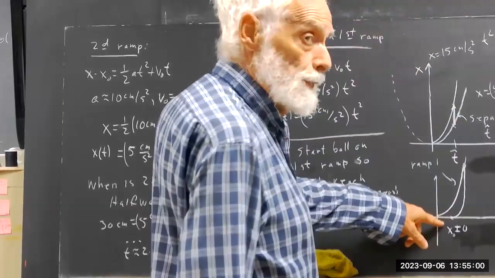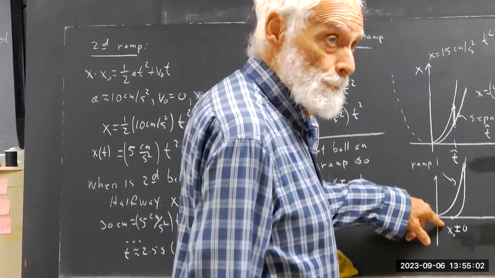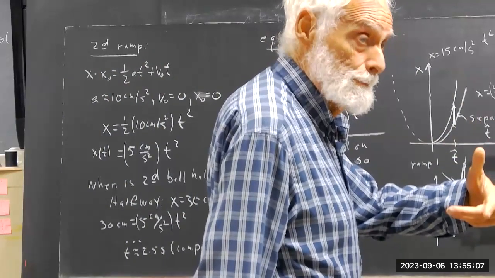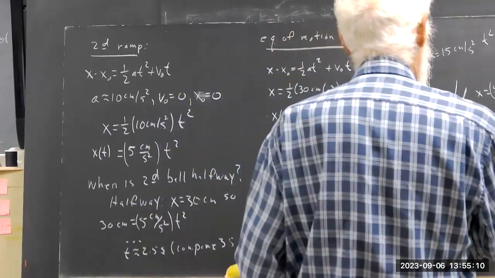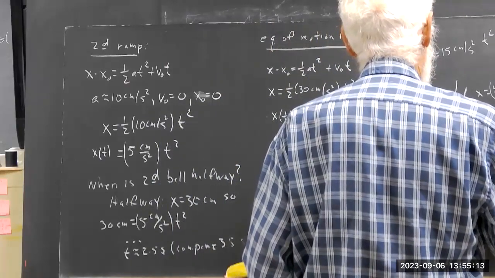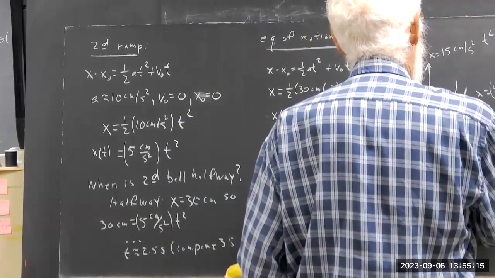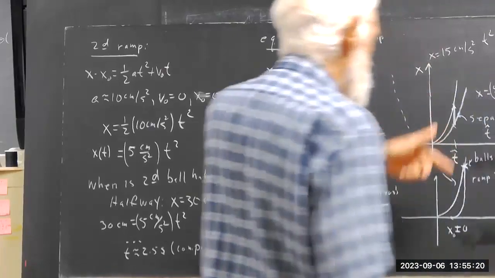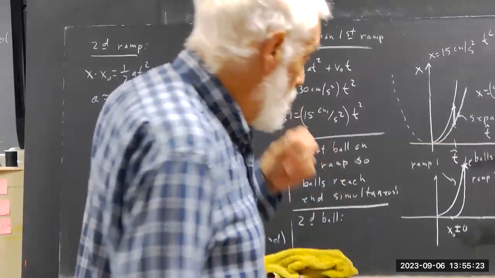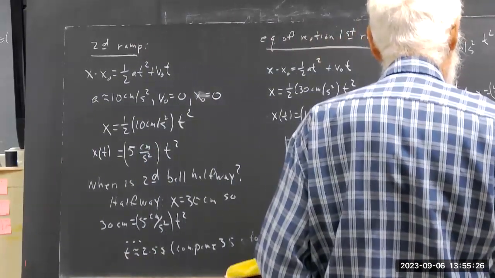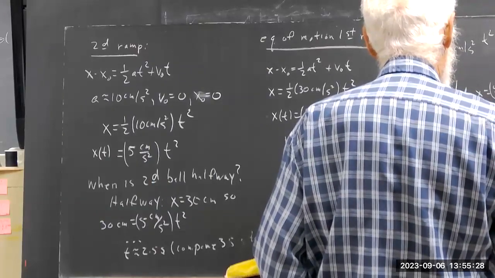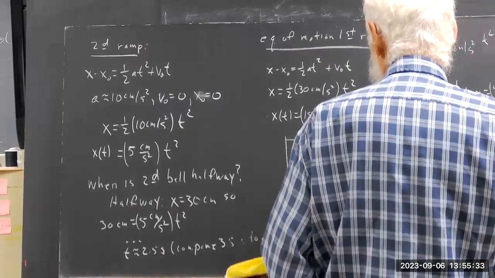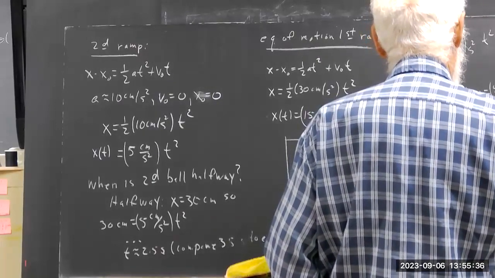The initial position is no longer 0, right? So your equation would have a non-zero initial position. The balls meet here, but they also have to meet at the end. The equation on ramp 2 would be, I'll call it x2 of t equals... f of 33 is about 16.